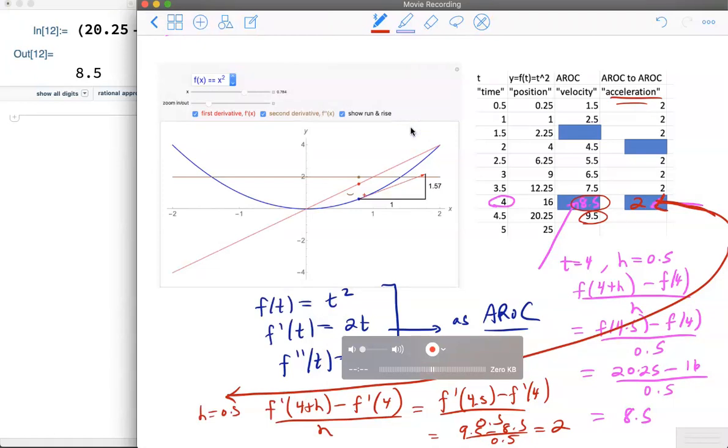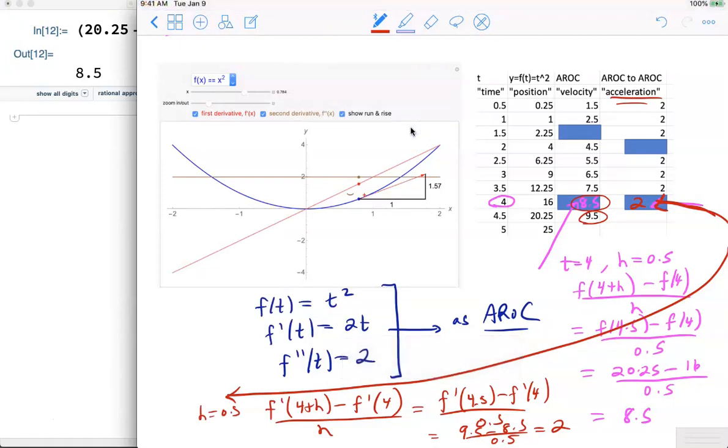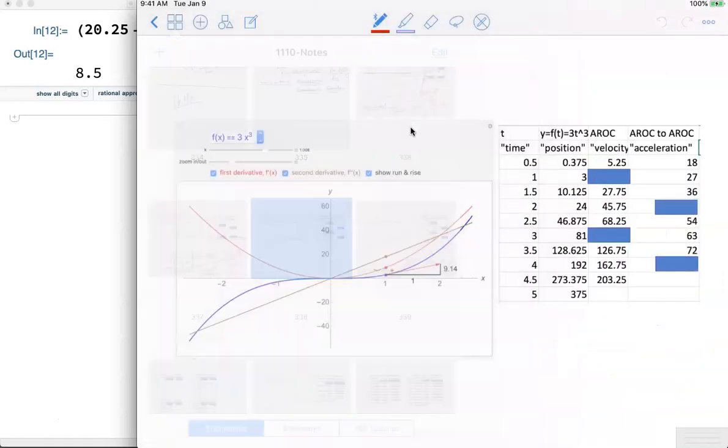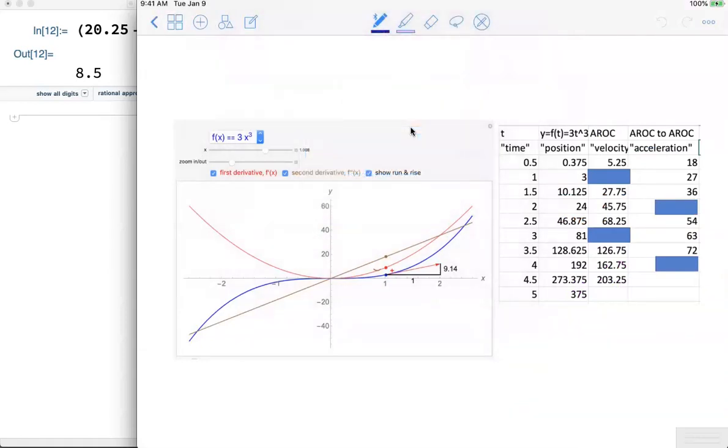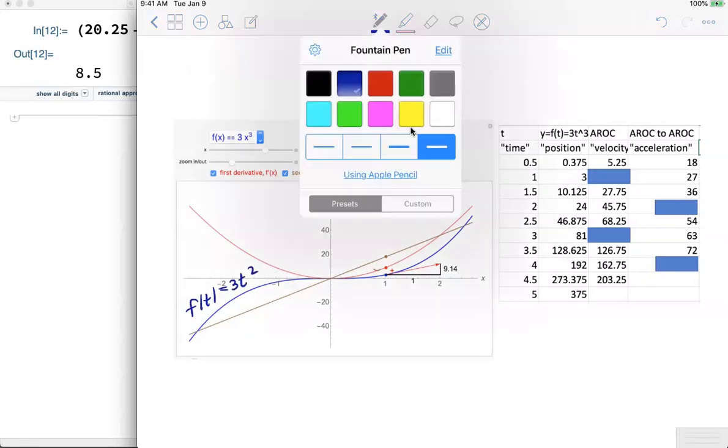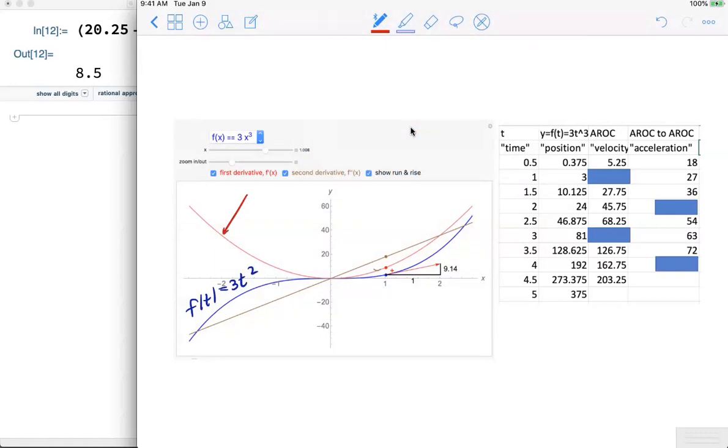Now that might not always happen, so let's look at another example of a function where the acceleration is not a constant. What we're seeing here is a new function. In blue, we're seeing the function f of t to be 3t squared. The function f prime at t, we know from the power rule, is 6t.